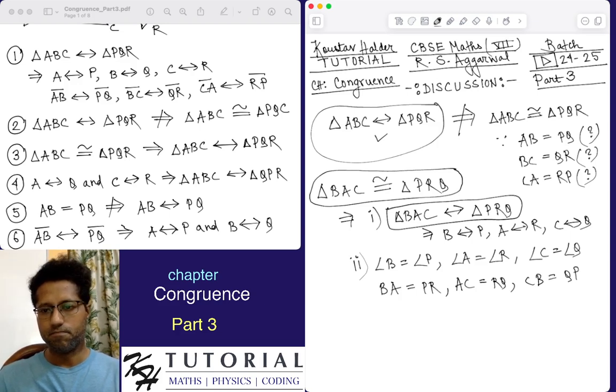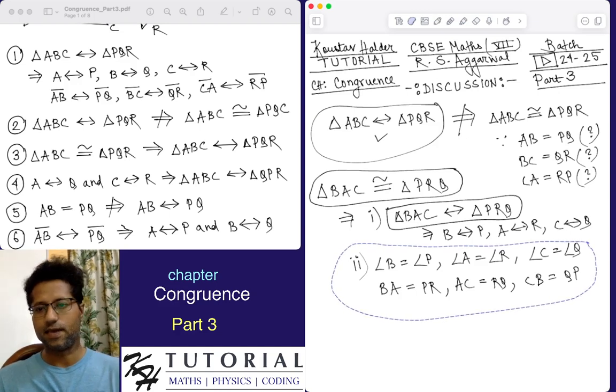So this is the equality of the sides and the angles, which is actually ensuring the congruency of the two triangles.